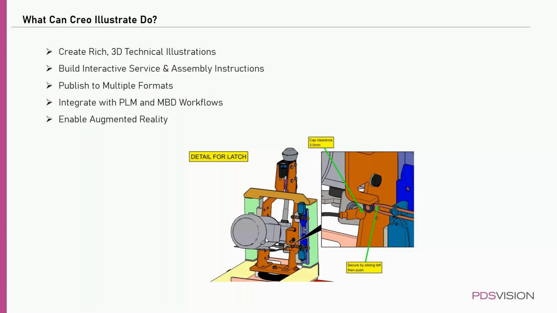Again, Creo Illustrate creates rich text and 3D illustrations. Like you see on the slide, you can integrate with PLM and MBD workflows. You can automate certain things, like if your design parts have changed, that gets automatically updated in Creo Illustrate, in case those designs are used in Creo Illustrate.